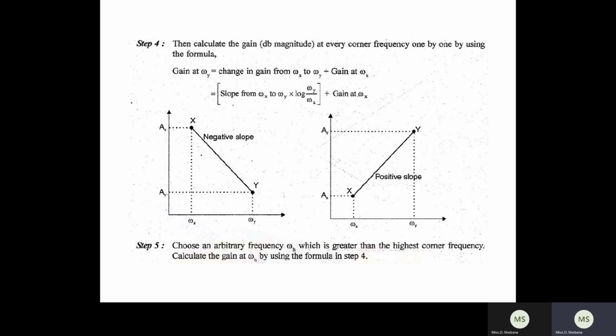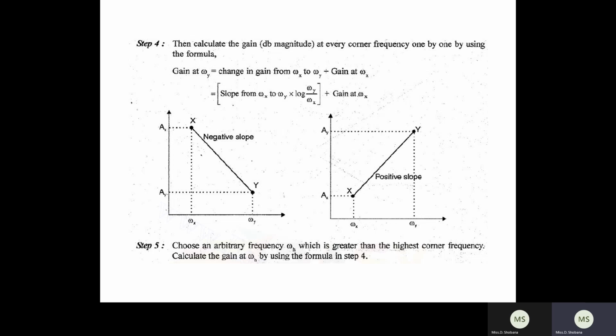Otherwise, we can say slope from omega x to omega y into log of omega y divided by omega x, plus gain at omega x. That is, slope from previous frequency to current frequency into log of current frequency divided by previous frequency, plus gain at the previous frequency. This is the formula you should remember. Then you can easily determine it for various frequencies.